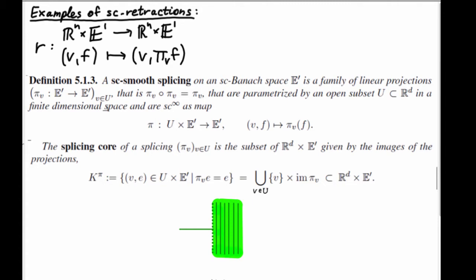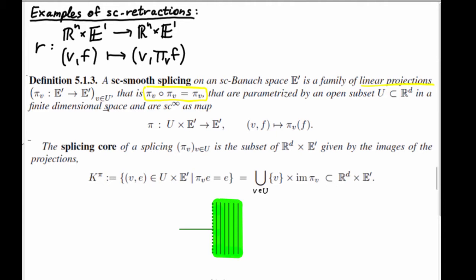So there's your family pi v, which in general could be parameterized just by some open subset U. We want them to be projections.